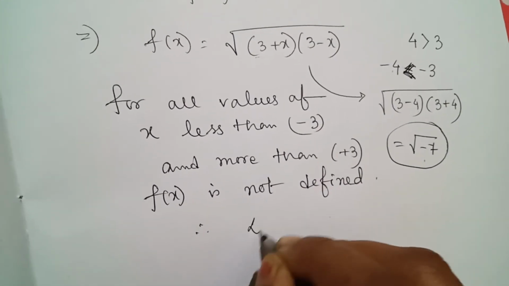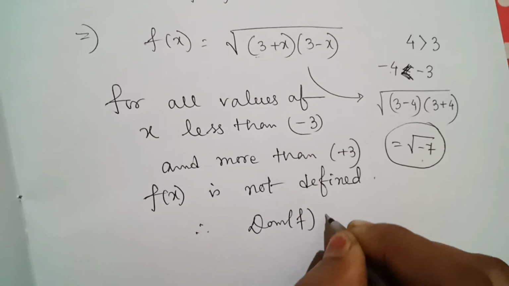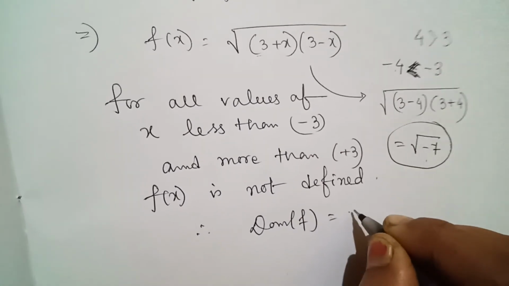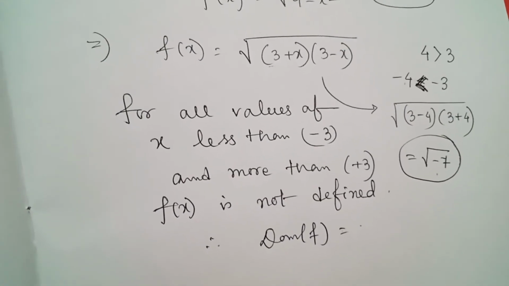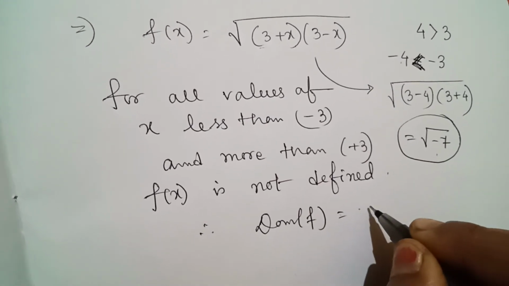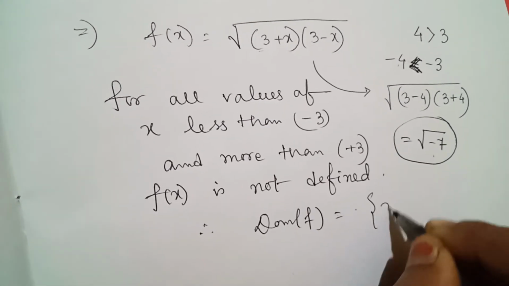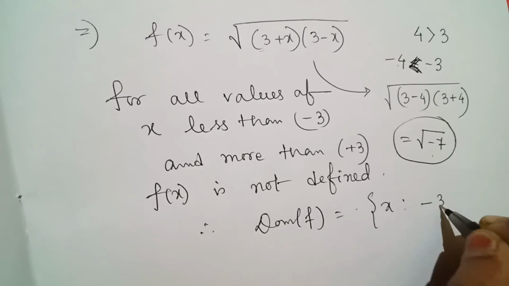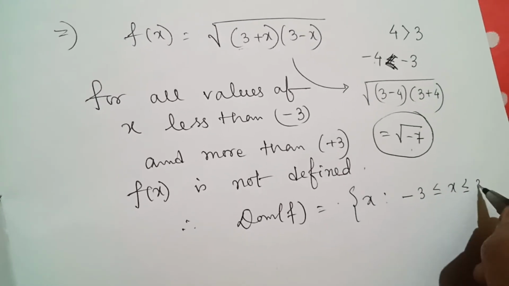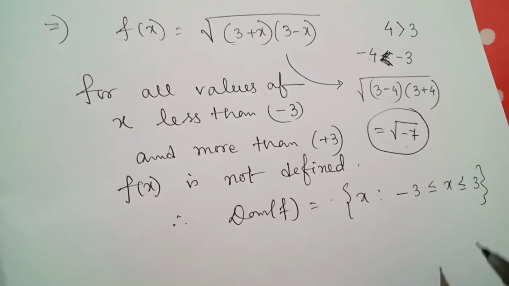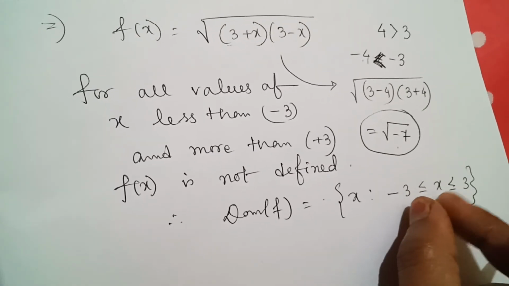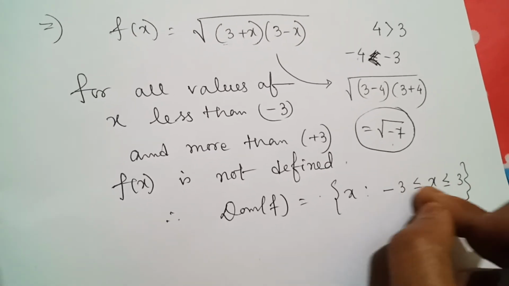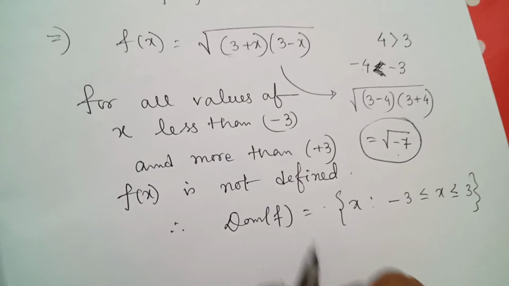Therefore, the domain of f, we will write like this: -3 less than or equal to x less than or equal to 3. That means between -3 and 3 you can take anything, and it will be defined.